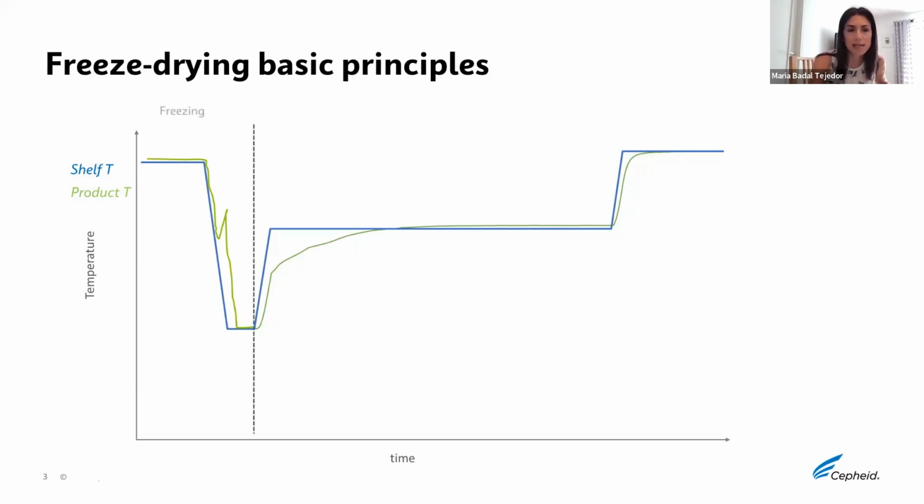The first is freezing. The shelf temperature is decreased from room temperature to minus 55, 60 degrees at atmospheric pressure. Usually the standard setting is that the solution is placed into a vial, so that the vial is cooled down and frozen. There we can differentiate 2 main phases.